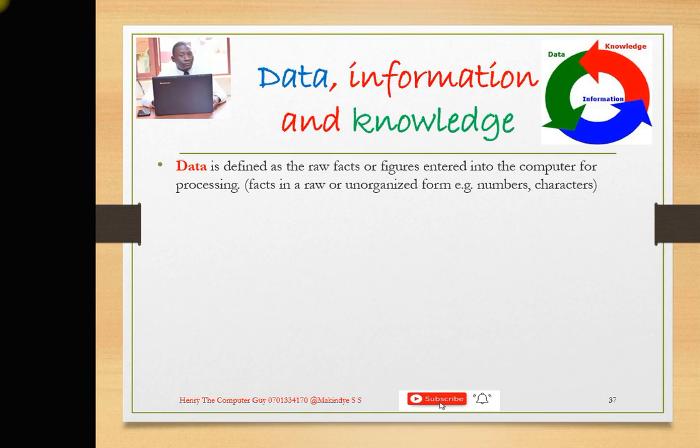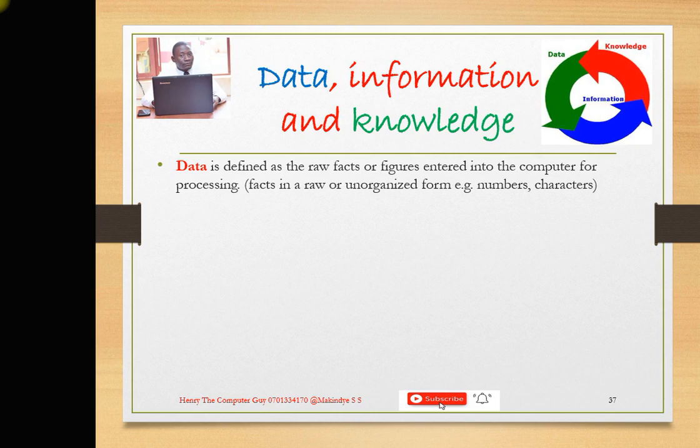Most commonly, 2 terms are talked about, the data and the information. Let's look at them. Data is defined as the raw facts or figures entered into the computer for processing. Anything that you're going to put into a computer, not organized, that you want the computer to change into something that has a meaning, but before it gets a meaning, we term it as data.